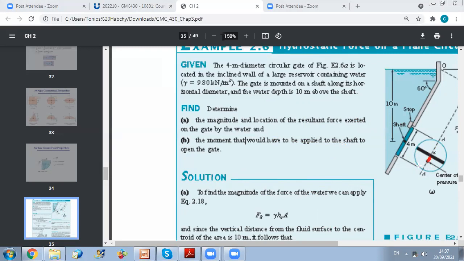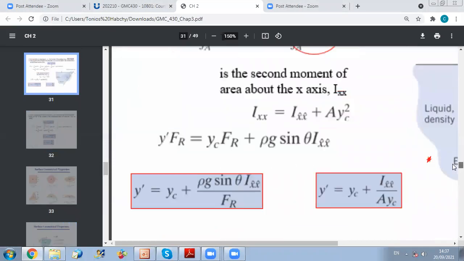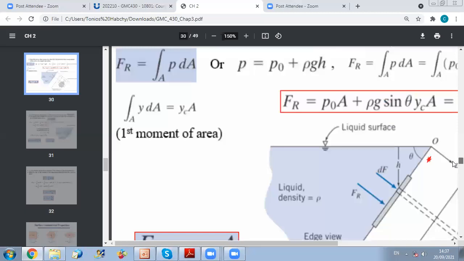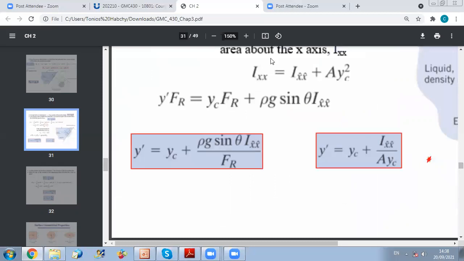So all you have to do is find the distance between C and the point using the formula we have seen together. This was the general formula, the distance of the center of pressure below C. If you compute this term, you will get the position of your center of pressure below C. Or if you want to refer to the top surface, you have to add to this term Y of C. It's up to you.